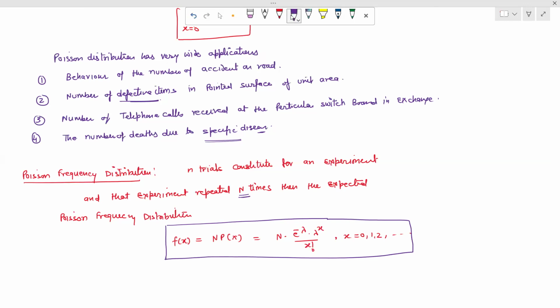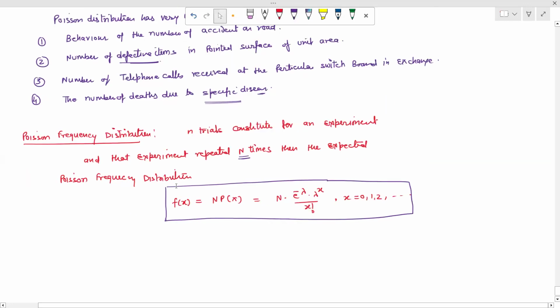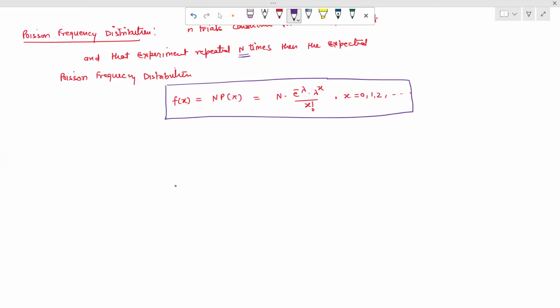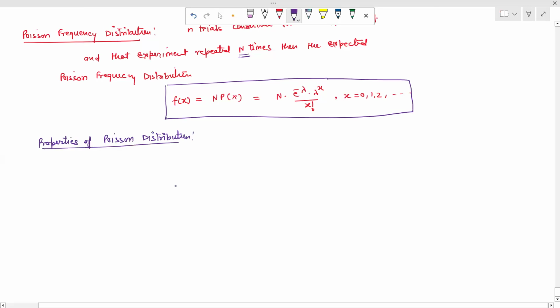So now we write down the properties. The basic thing we have to remember is the properties of the Poisson distribution. We have 4 to 5 basic properties to remember.